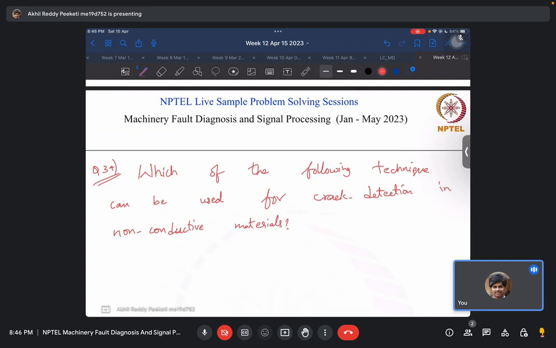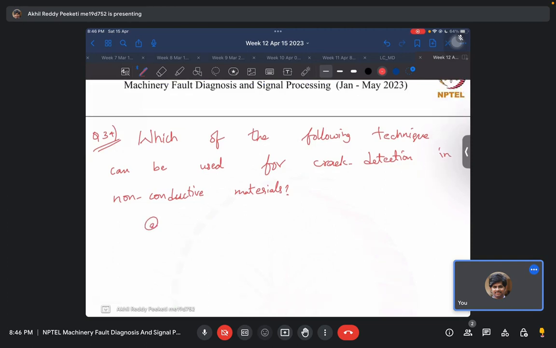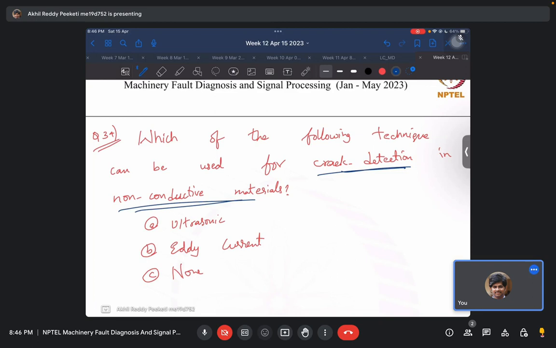Which of the following techniques can be used for crack detection in non-conductive materials? A. Ultrasonic. B. Eddy current based technique. C. None.